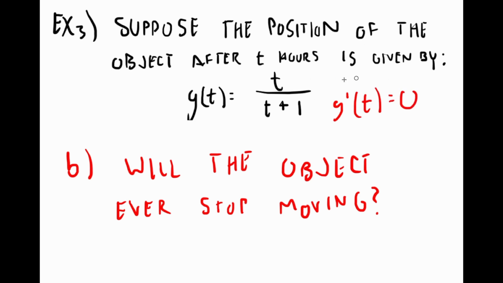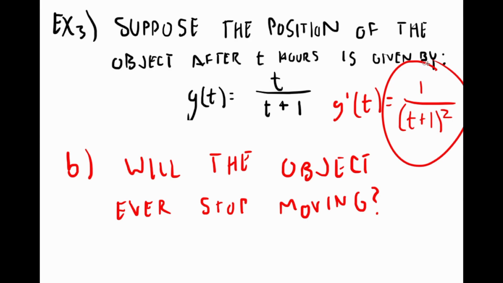However, if you notice something about g prime of t, 1 over t plus 1 squared, we can't really find a 0 value for this. If we were to set this equal to 0, we wouldn't be able to get this down, due to the fact that this is a fraction and it has a numerator. So we can't possibly find a value where this function equals 0, or is not moving at all.